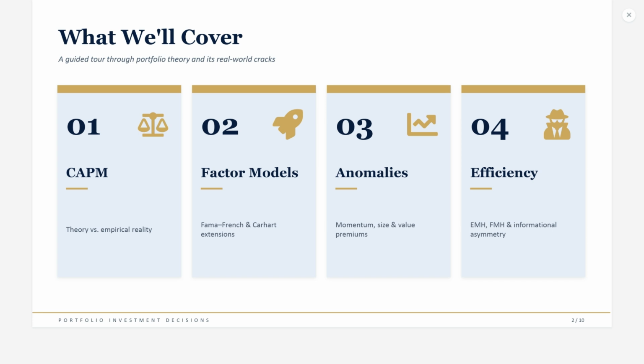Apart from these, there are some anomalies which we can see in the real world. We will talk about momentum, size, and value premiums. Moreover, we have to check the efficiency and factors like EMH, FMH, and informational asymmetry.